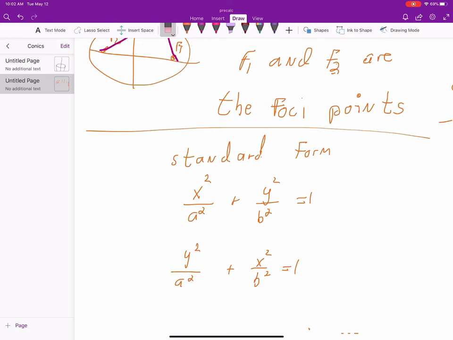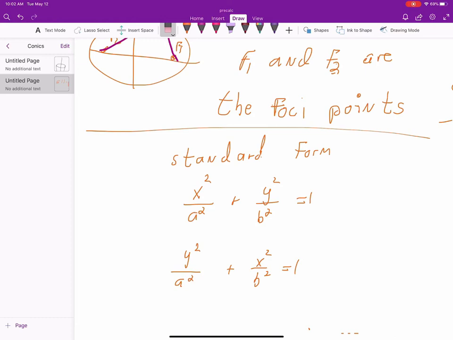So these are both standard forms. You might say, what's the difference really? Well, here we have x squared over a squared, y squared over b squared. Here we have y squared over a squared and x squared over b squared.